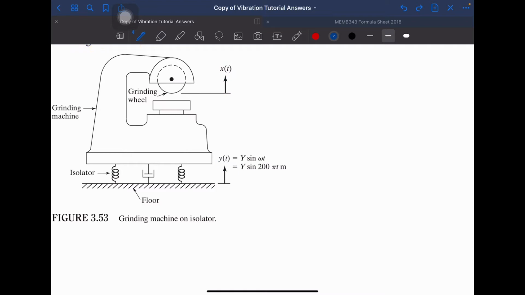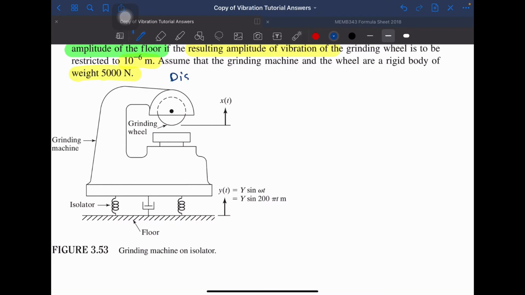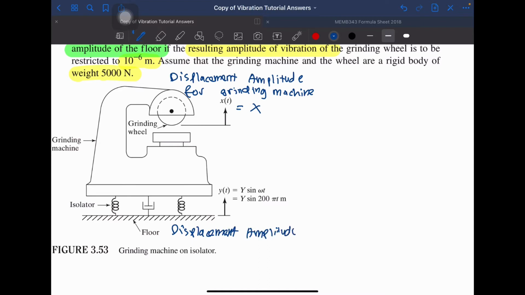So the displacement amplitude for the grinding machine will be labeled as x, and the displacement amplitude for the floor is going to be y.